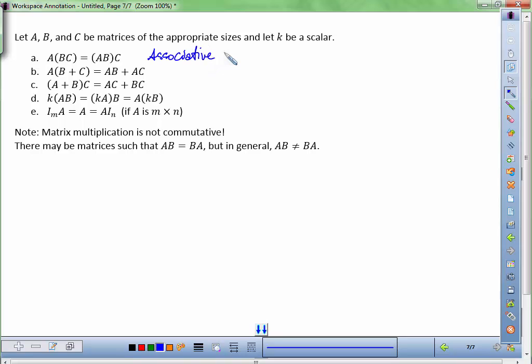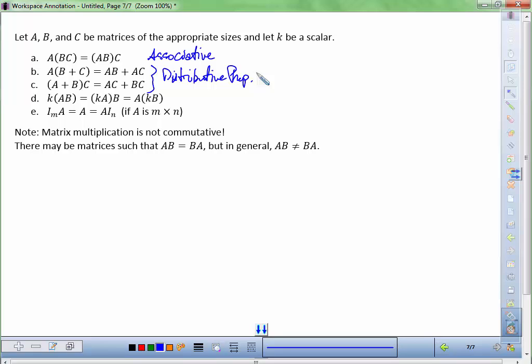The second one, there's some distributive property for matrix multiplication. And the third one is also a distributive property, but notice that the order of the distribution has to stay consistent.